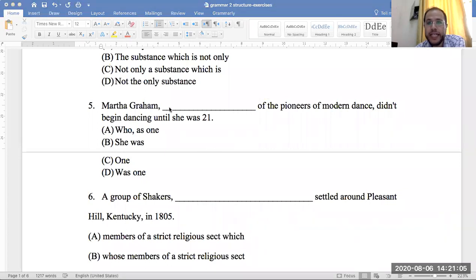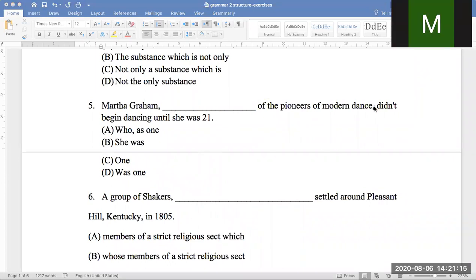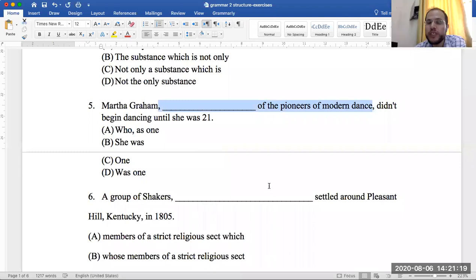Okay. Now after Martha Graham there's something here in the middle. What is missing usually if you separate the subject and the verb, if you add something between the subject and the verb, it's either a clause or a phrase, a modifying adjectival clause, or a modifying phrase.